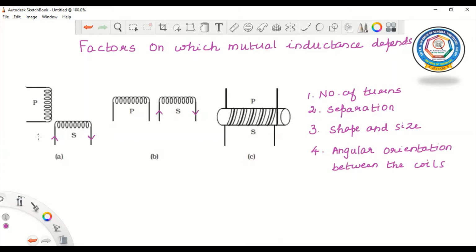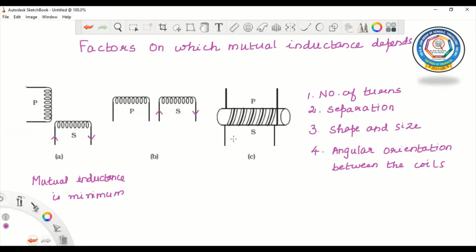Now, let's consider the first case here, children. If one coil is perpendicular to the other, then mutual inductance is minimum. Now let's consider this case.